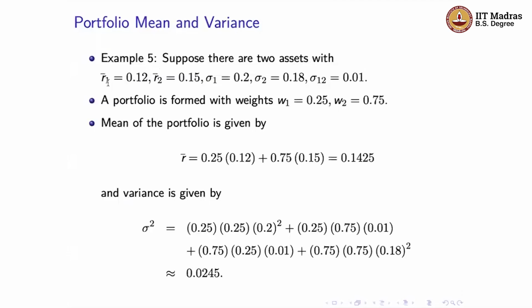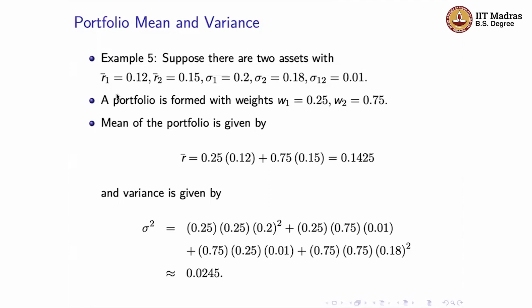So suppose that you have two assets with the first asset's expected rate of return being 0.12 and the second asset's expected rate of return being 0.15. The standard deviations being 0.2 and 0.18 respectively, and the covariance being equal to 0.01.